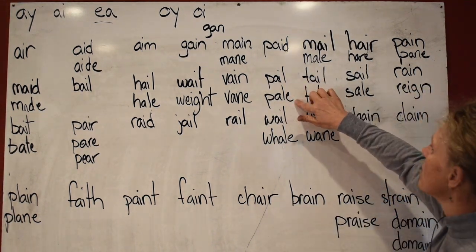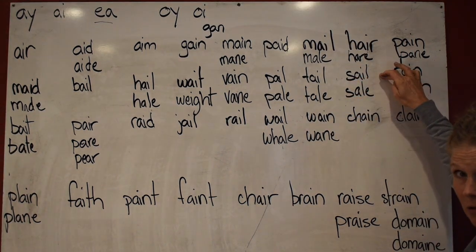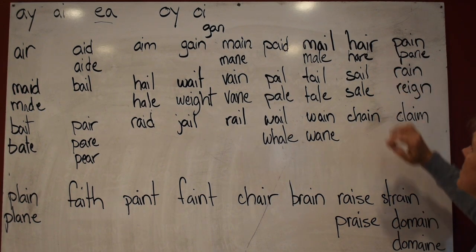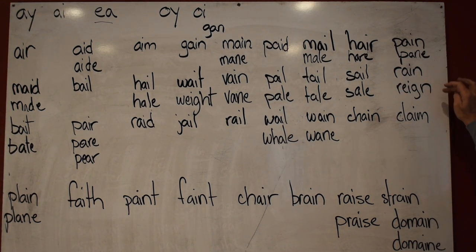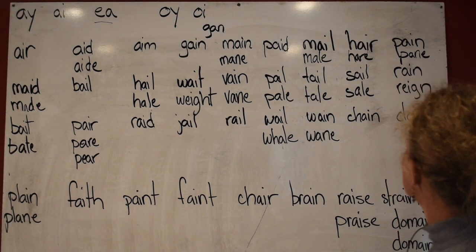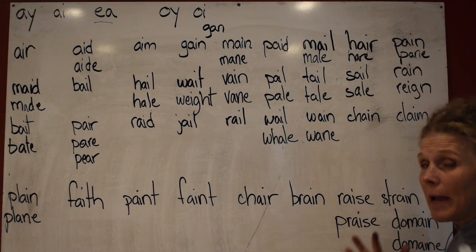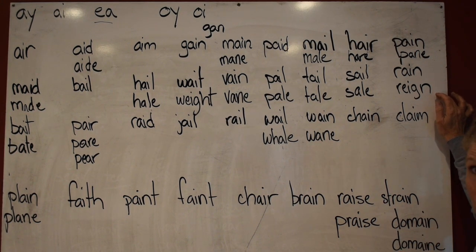Pale and pail, tail and tale, sail and sale, rain and rain. Isn't one of them like raining over a city? Yeah, this is rain. Raindrops keep falling on my head. And this is, the king is going to reign.